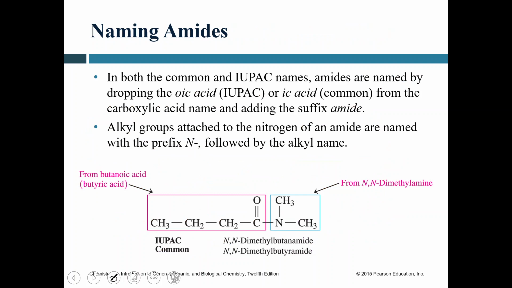For the naming of amides, you drop the oic acid ending in IUPAC nomenclature, or ic acid in common nomenclature, from the carboxylic acid name and you add the suffix amide. If there are any alkyl groups attached to the nitrogen of an amide, then you name them using the prefix N, and after that prefix you add the substituent alkyl name.